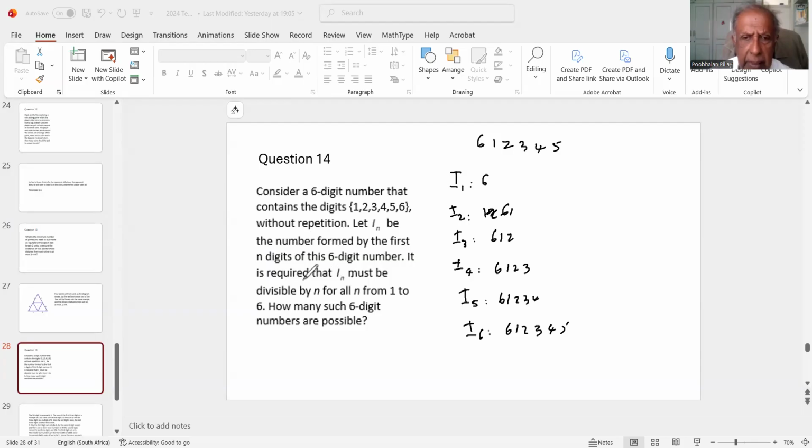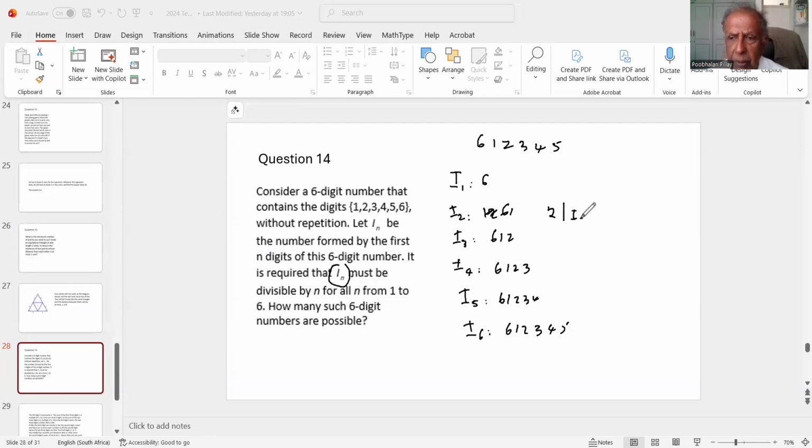Now, it says here it is required that I_n must be divisible by n for all n. So you want here now that 2 divides I_n. This vertical line means is a factor of.